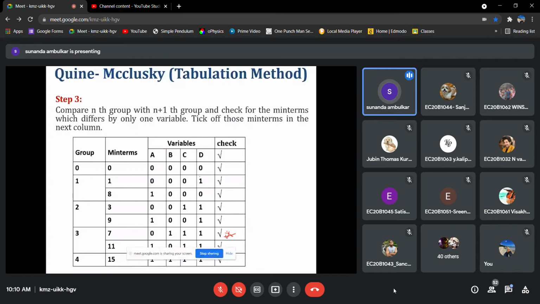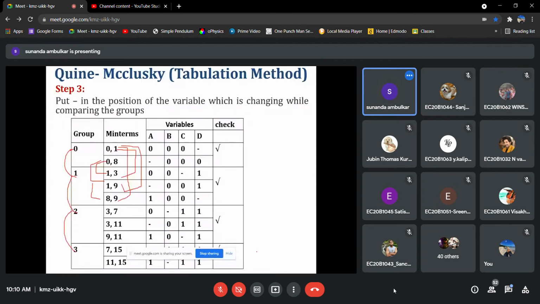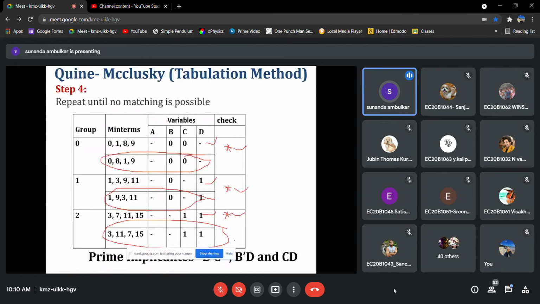Then this will make the prime implicant. But in this particular example, each min term has only one change, so all the min terms have been checked here. But in the last table, we have no possibility of further checking. So these terms will make the prime implicants.